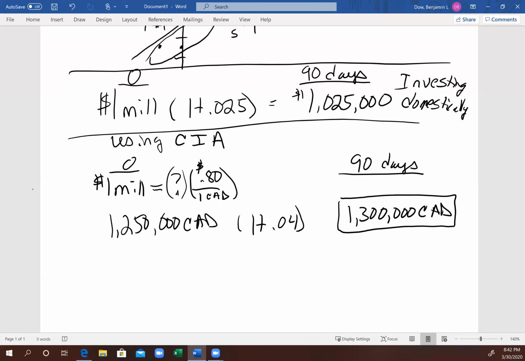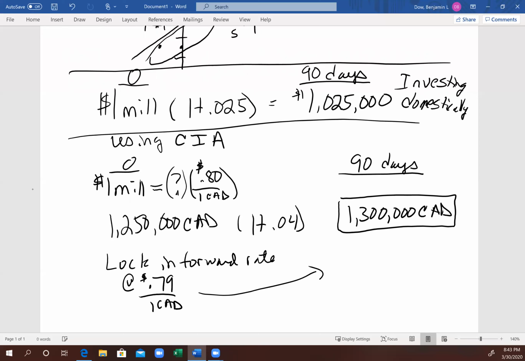Back on day 0, if you'd locked in a forward rate and the forward rate was 79 cents, then you can sell the 1.3 million Canadian at 79 cents for each Canadian dollar.